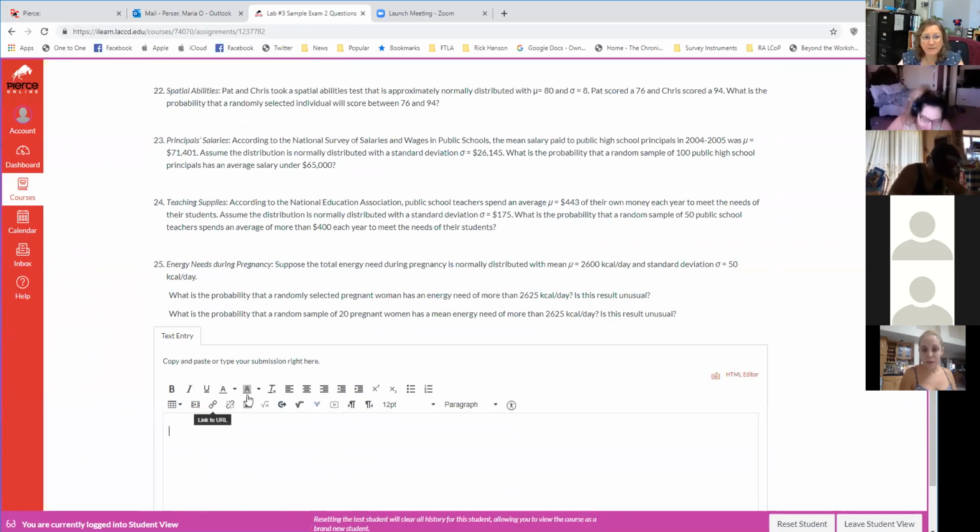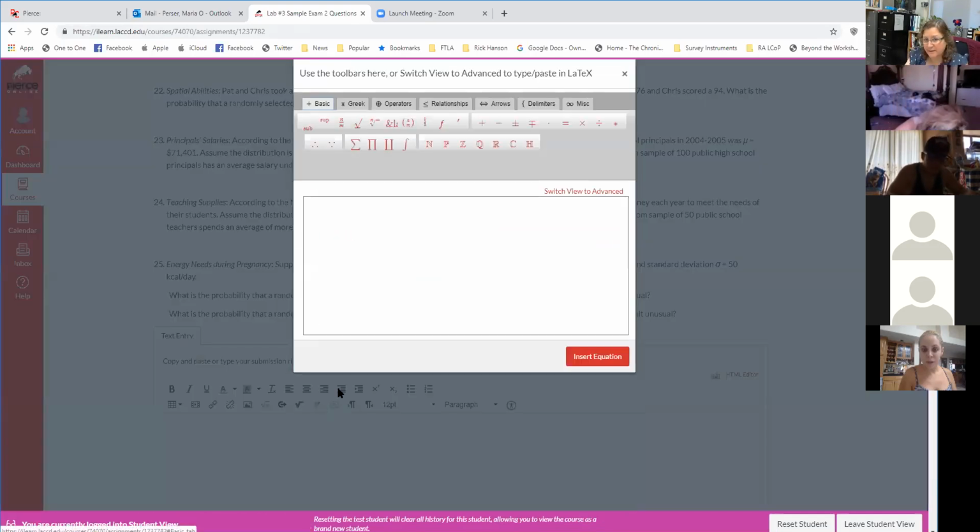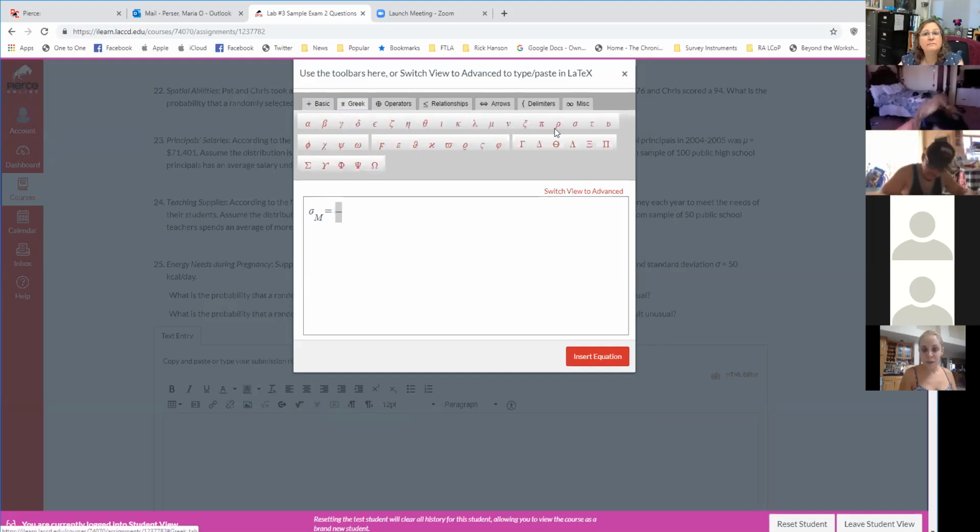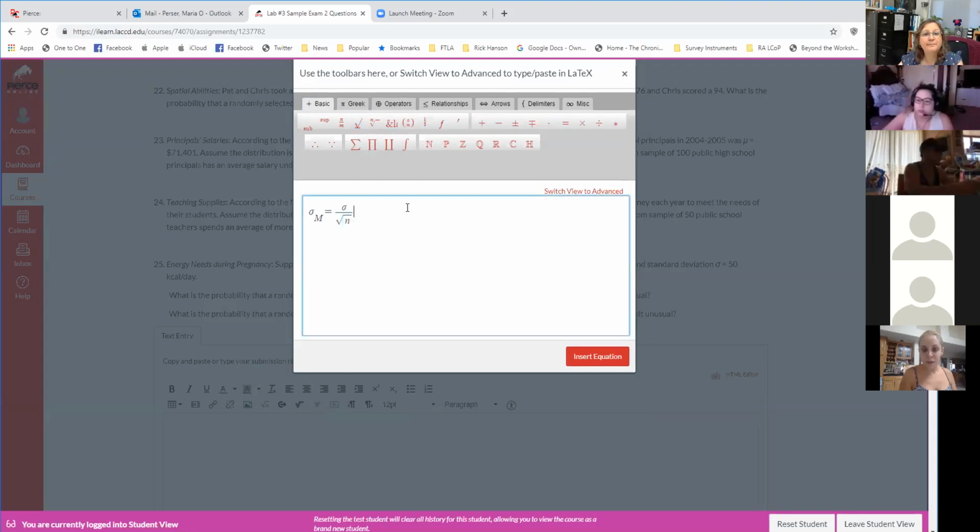So it's this, the sigma M. I'll write it out so you can see it, which is equal to a fraction.